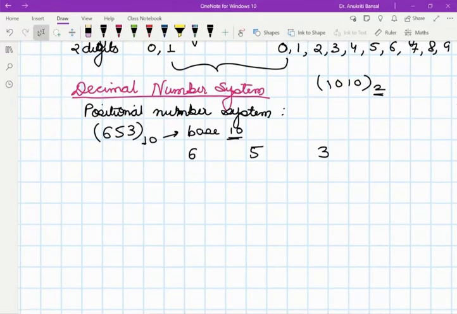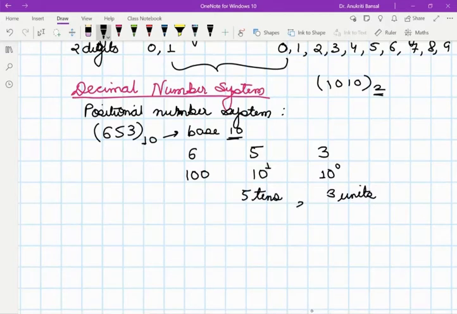The weights associated with this are 1, 10, and 100. So how do we read this? We have 3 units, 5 tens, and 6 hundreds.